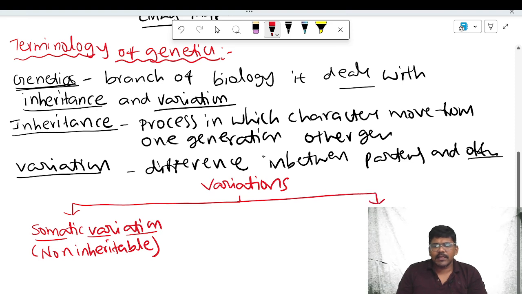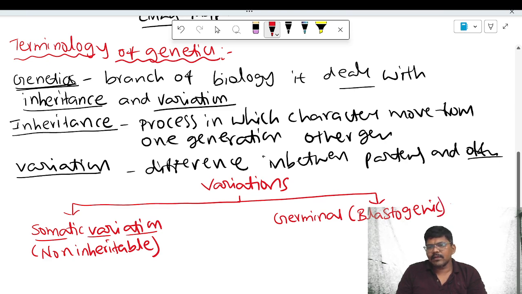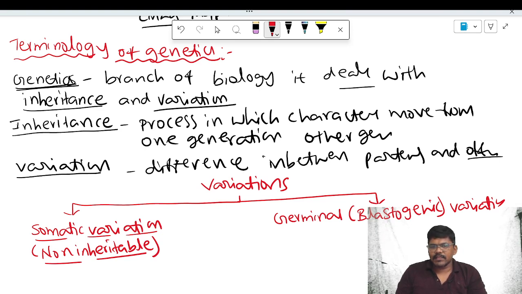There is another type of variation called germinal variations, also called blastogenic variations. Somatic variations are non-inheritable and occur in somatic cells.